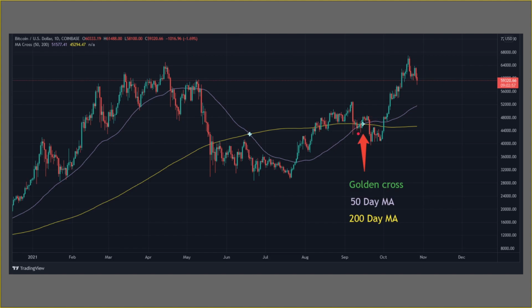Because technically we formed a lower low compared to here and here. Now if we're looking at the broader market structure, technically we could make the argument that this was a higher low than maybe this one or this one, but still arguably it was a moment of contention in the market.